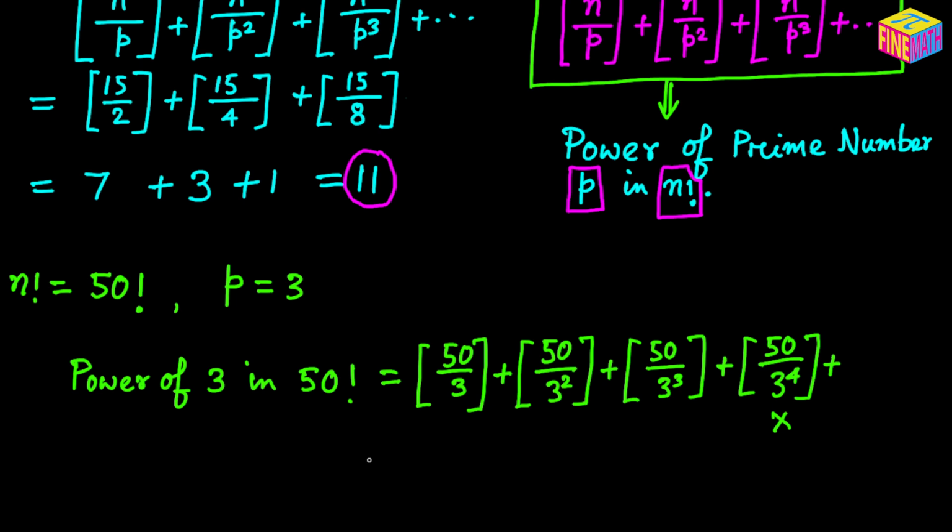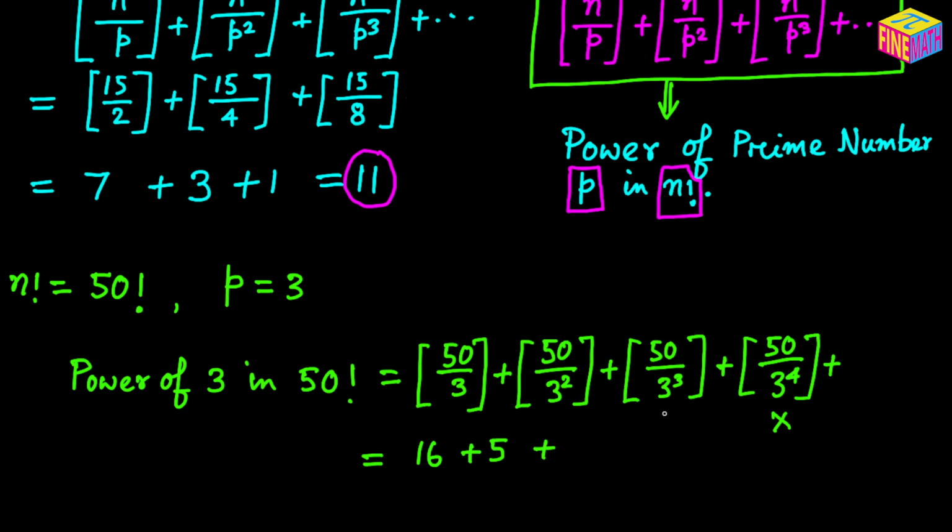But let's see. 50 divided by 3 is 16 point something, so the greatest integer is 16. Then 50 divided by 3 squared, that means 50 divided by 9, is 5 point something, so we take 5.